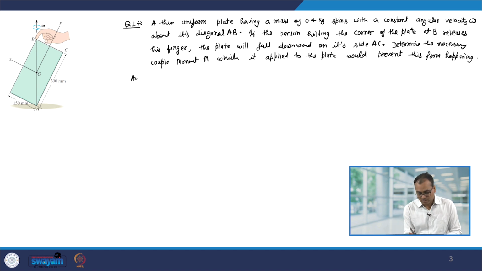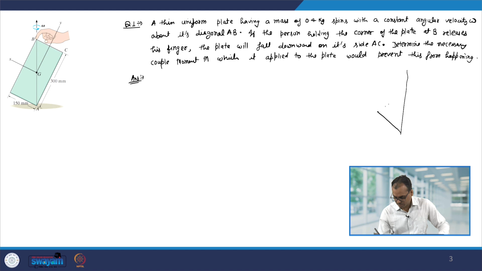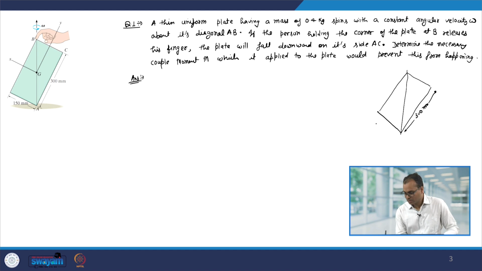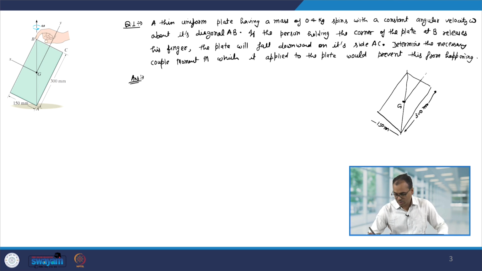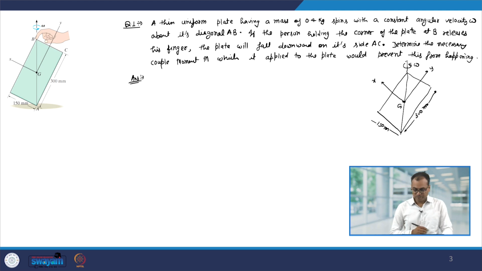So, in this question we have this uniform plate. This length is 300 mm, this is 150 mm, and we have the x and y axes which are attached to the body, and its center is the center of mass G. So, this is the y axis and the x axis, and this plate is rotating with an angular velocity omega.